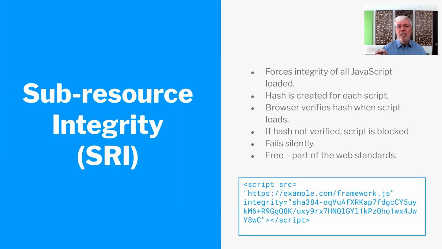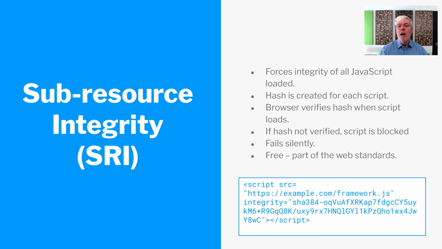The second inherent capability that can be used to meet these new PCI DSS requirements is sub-resource integrity, or SRI. SRI forces the integrity of all JavaScript to be checked by the browser as it's loaded. In this case, when I say integrity, I mean a basic check to see if a script's changed from what you expect, not whether the JavaScript does or does not do something malicious.